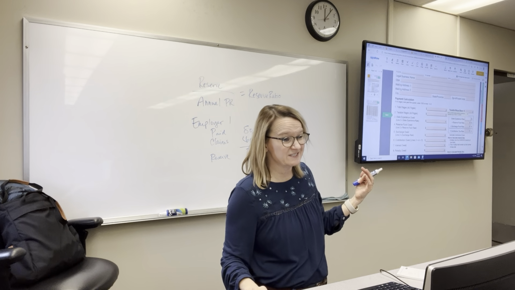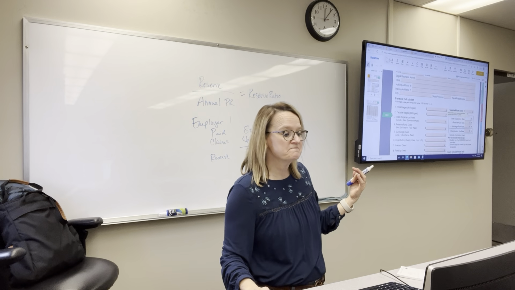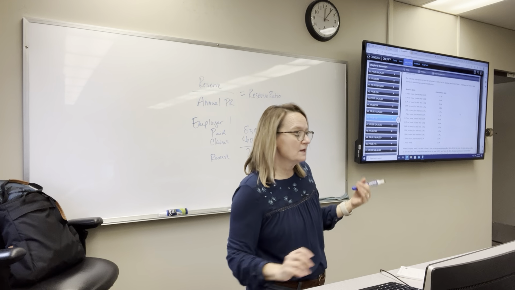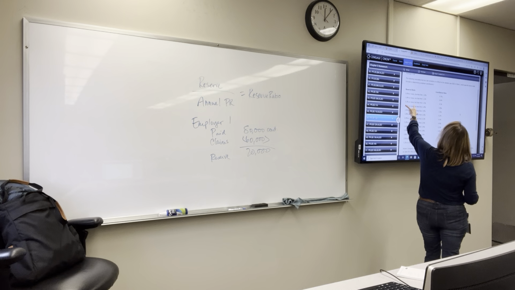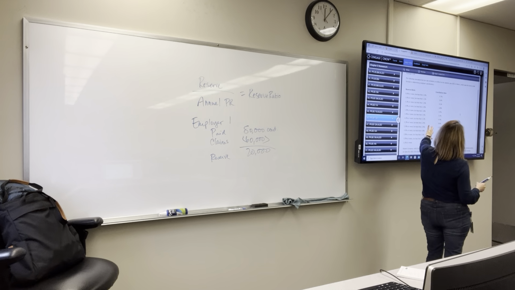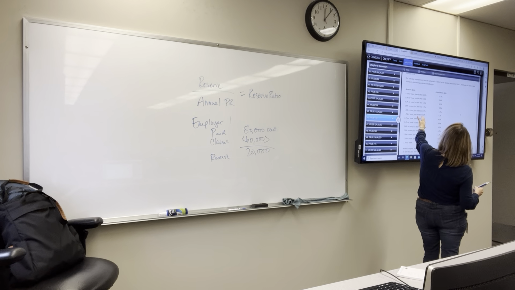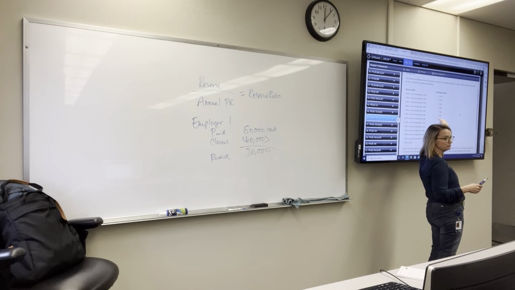Think of it in terms of a tax rate, right? So in this problem, they've given us the table to determine, okay, if we have a reserve ratio that is between these amounts, then this is going to be our contribution rate.